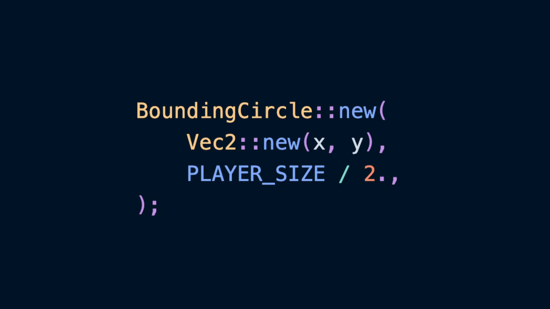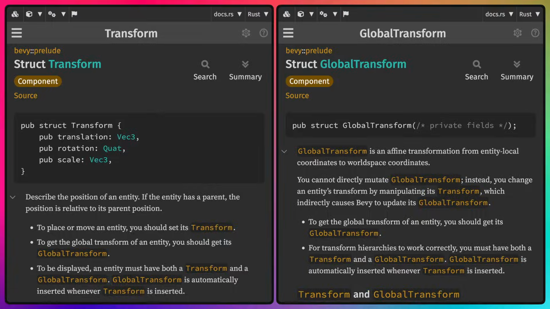And so far, we've been working with the transform component, but there's something worth knowing about how it works. A transform represents a local position offset from the entity's parent position. A global transform represents the entity's position in global space. At the very end of the frame, transforms are accumulated through the tree of entities that exist, and these values are stored in the global transform.